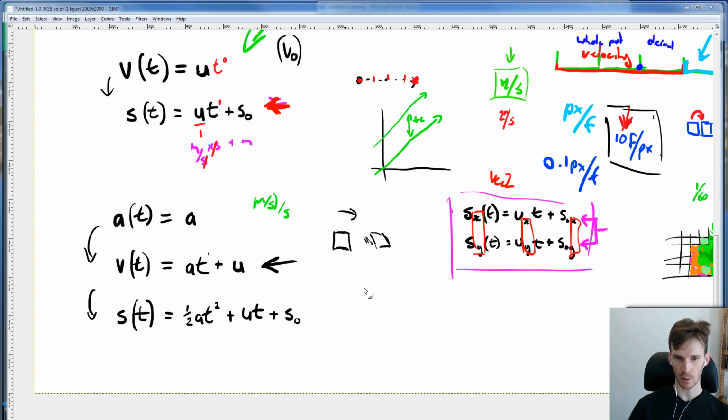So are you happy with that little maneuver that I just did there? Yeah, I've seen you do it before. I remember from our last couple of sessions that when you integrate that third time, that's when you add that constant.